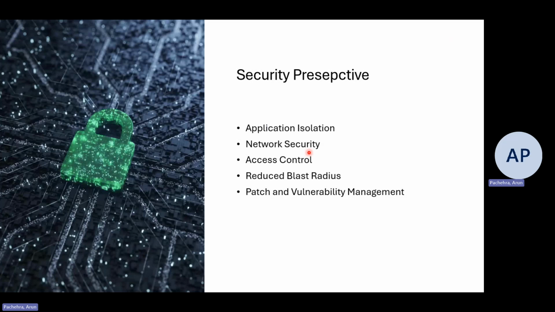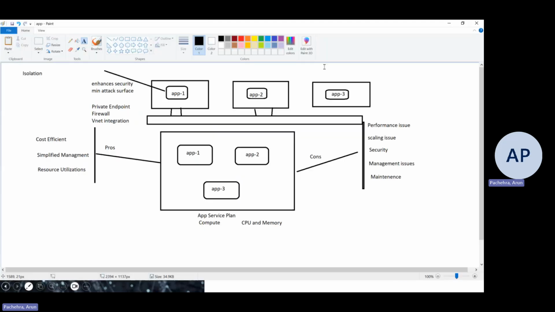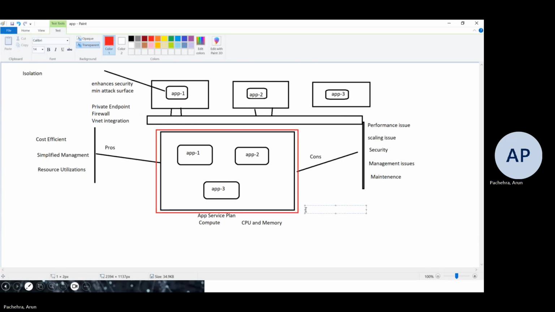Now, a separate app service plan makes it easier to configure access restrictions for each application, limiting traffic to trusted IPs or regions. This is crucial for applications that have different exposure levels, like internal or external, because each app service plan has something, let's suppose I put it here in red, where we can perform allow or deny.